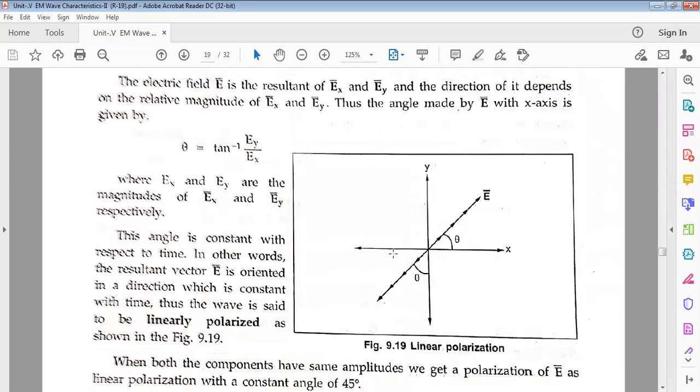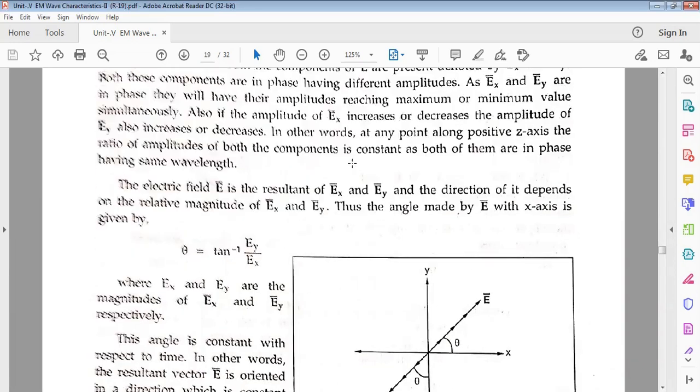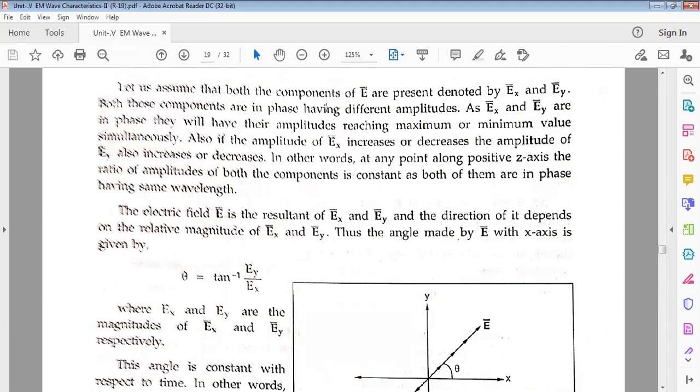Okay, you see here the linearly polarized E bar with an angle theta. Let us assume that both the components of E bar are present, Ex bar and Ey bar. Both these components are in phase, having different amplitudes. In phase means nothing but 0 phase. As Ex bar and Ey bar are in phase, they will have their amplitudes reach maximum or minimum value simultaneously.